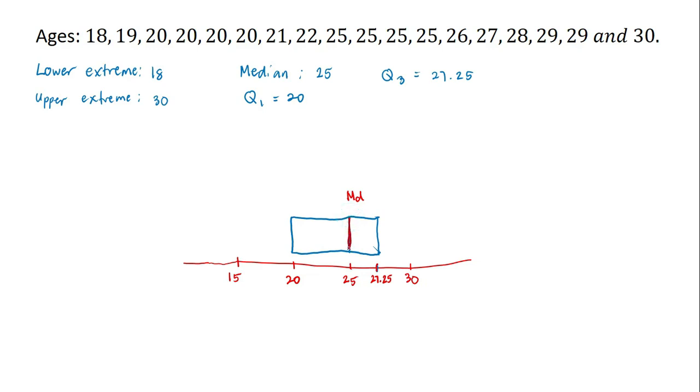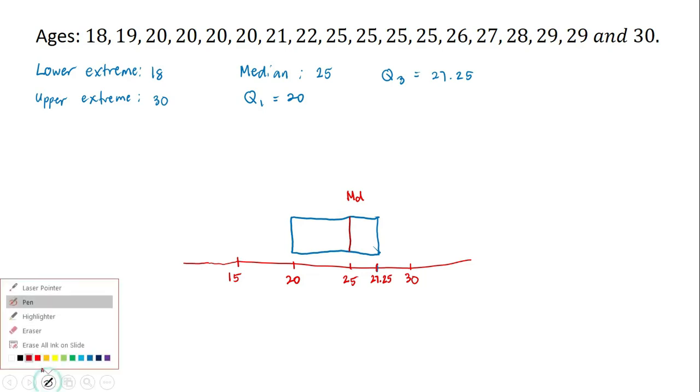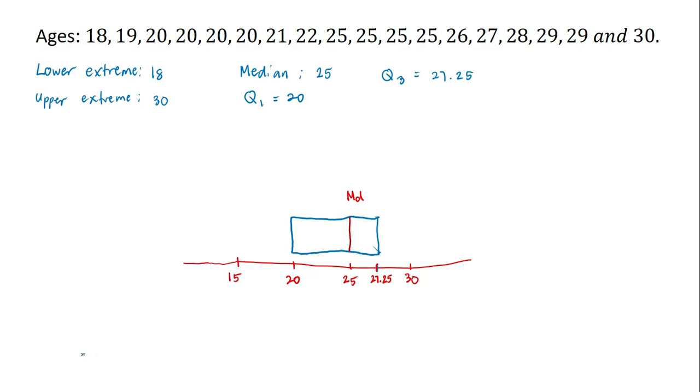Now, since we have the median, Q sub 1, and Q sub 3, let us now locate the lower extreme and upper extreme. So the lower extreme is 18. So 15, 16, 17, 18, 19.